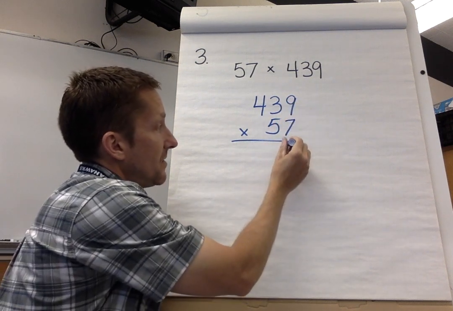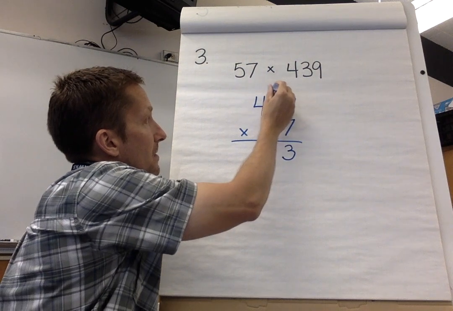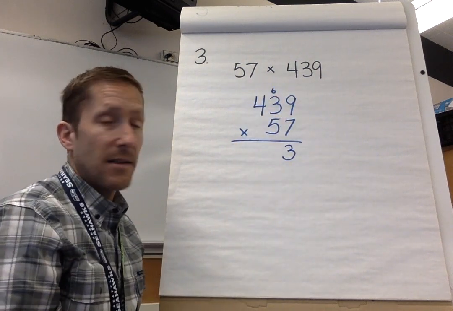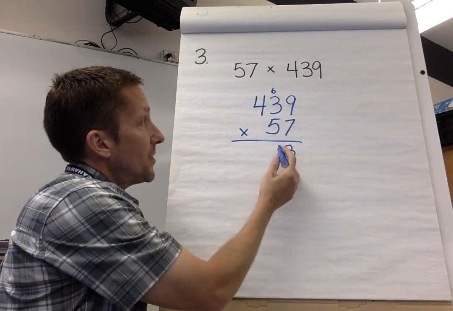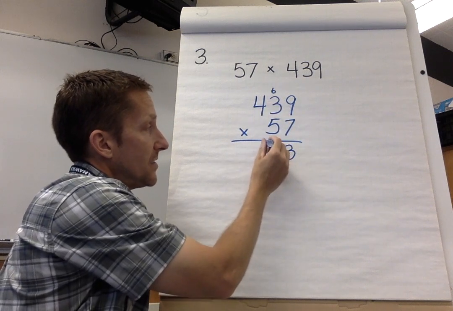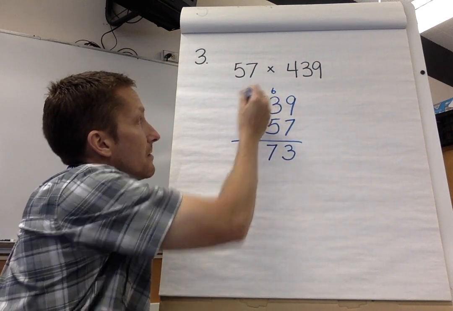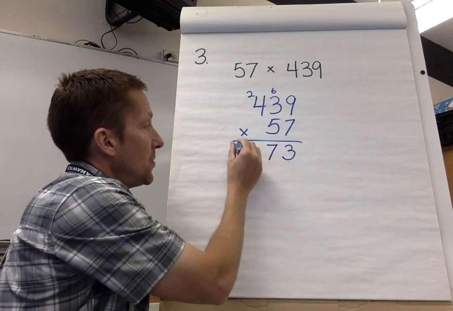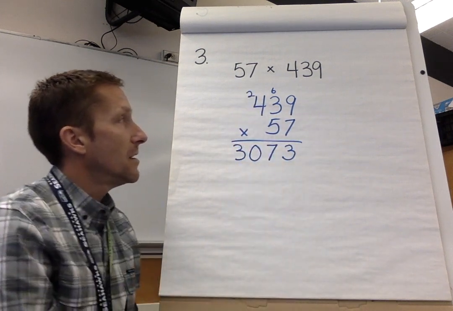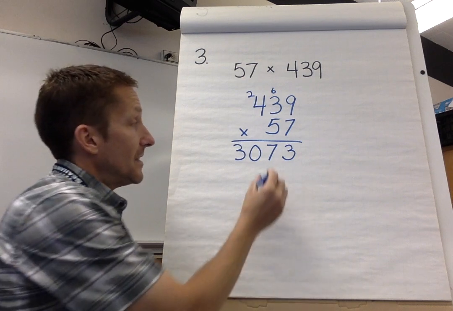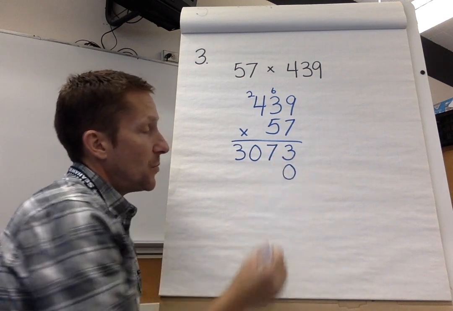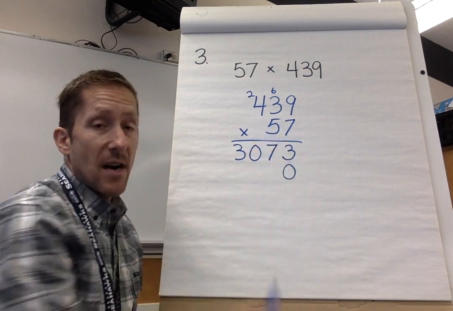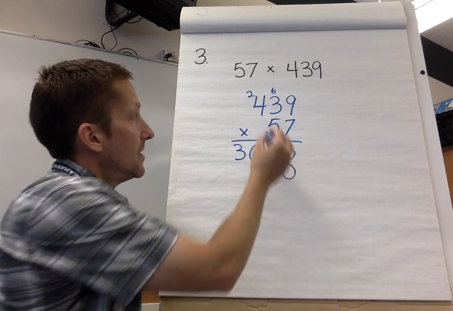7 times 9 is 63. 3 there. 6 gets regrouped. 7 times 3 is 21, plus 6 is 27. 7 times 4 is 28, plus 2 is 30. That's my first row. Second row, I need to put a 0 placeholder because I need to start under the 5.